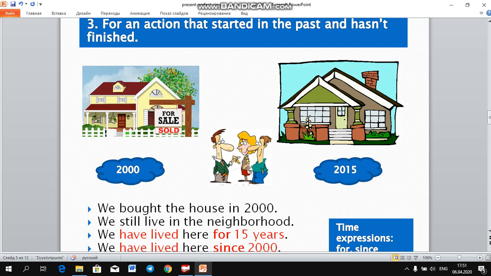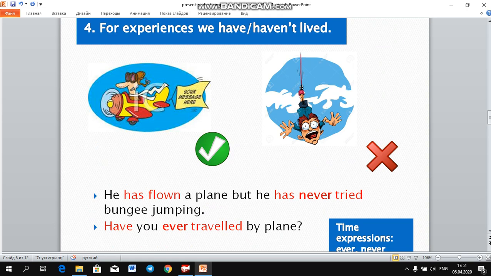And the next situation is for experiences we have or haven't had. He has flown a plane, but he has never tried bungee jumping. Or, have you ever traveled by plane? In other words, we use the present perfect tense when we talk about our experience.